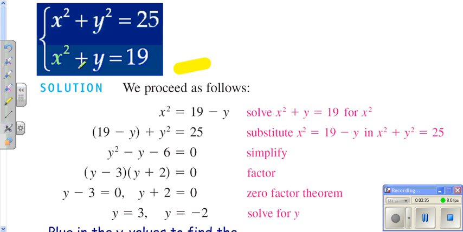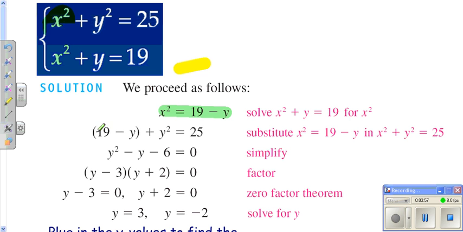It may be easier to solve it not for our y, but for our x squared. If we solve it for x squared, we've got to subtract 9. Now the reason I'm saying x squared is because we also have an x squared right above it. So if we solve the second one for our x squared, we get this. Then all we're going to do is take that and plug it in up here at the top.